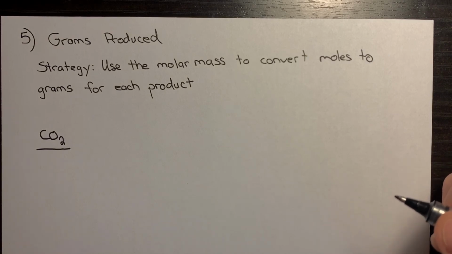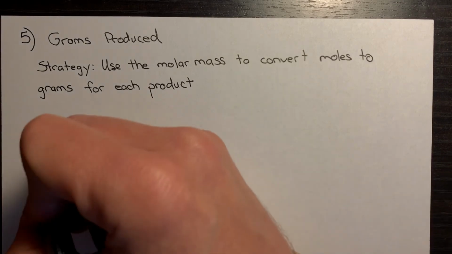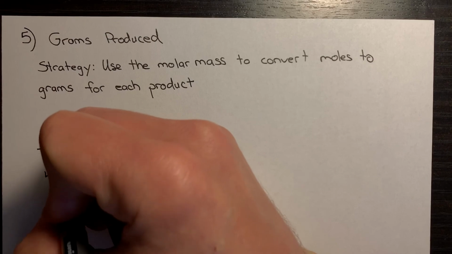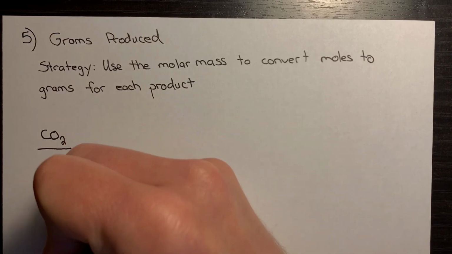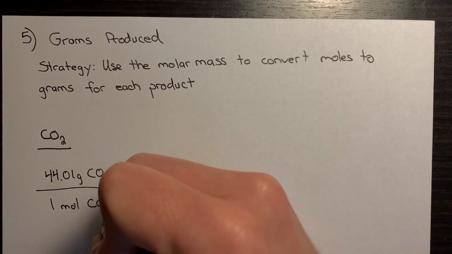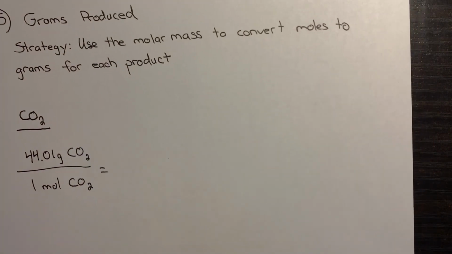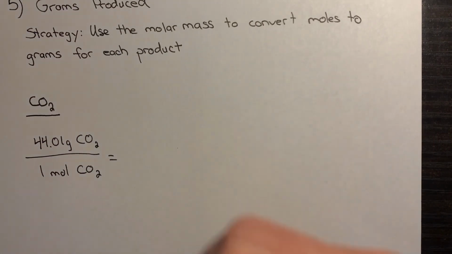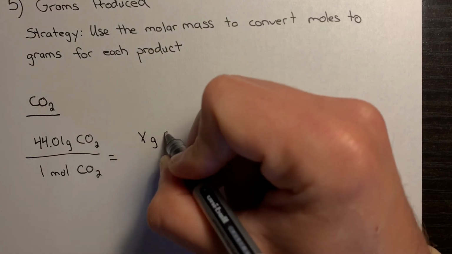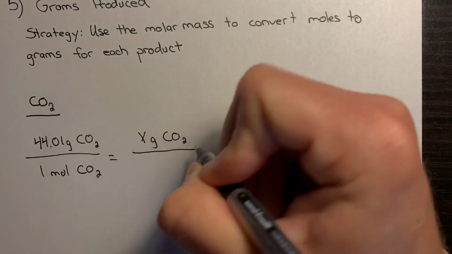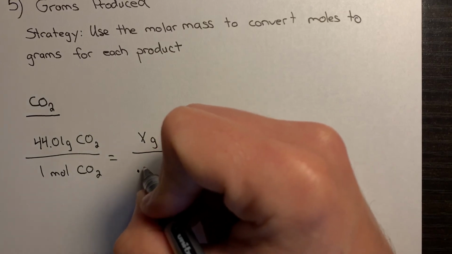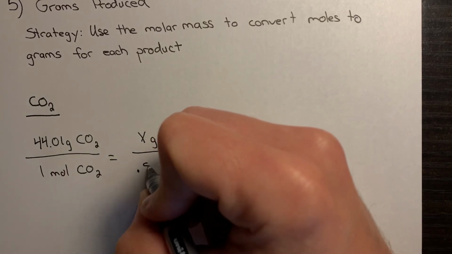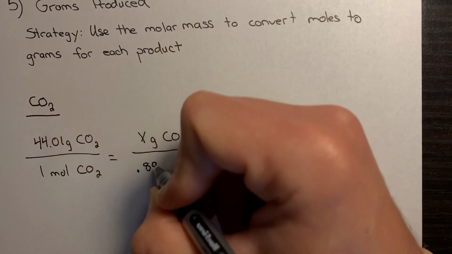The molar mass of carbon dioxide is going to be 44.01 grams of CO2 per 1 mole of CO2. I'm going to set this equal to some X number of grams, right? That's what I'm looking to solve for. And I know as far as moles in hand goes, 0.8985.